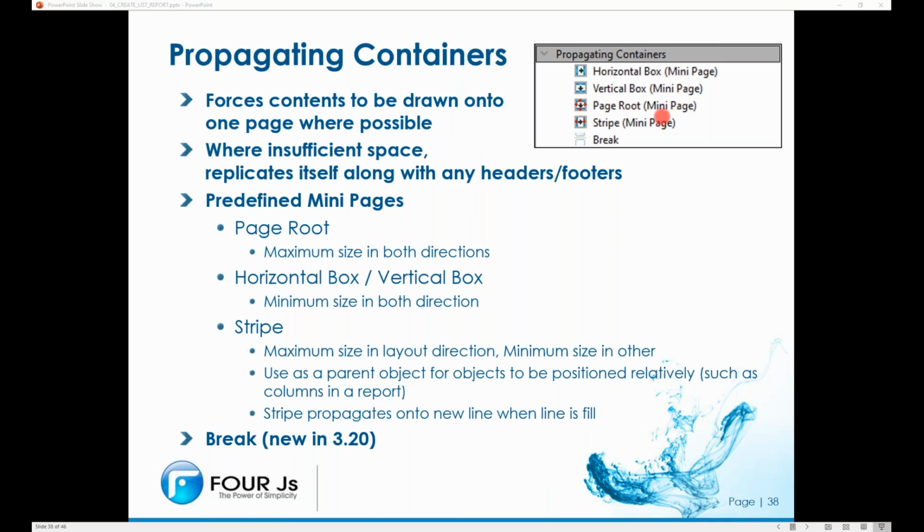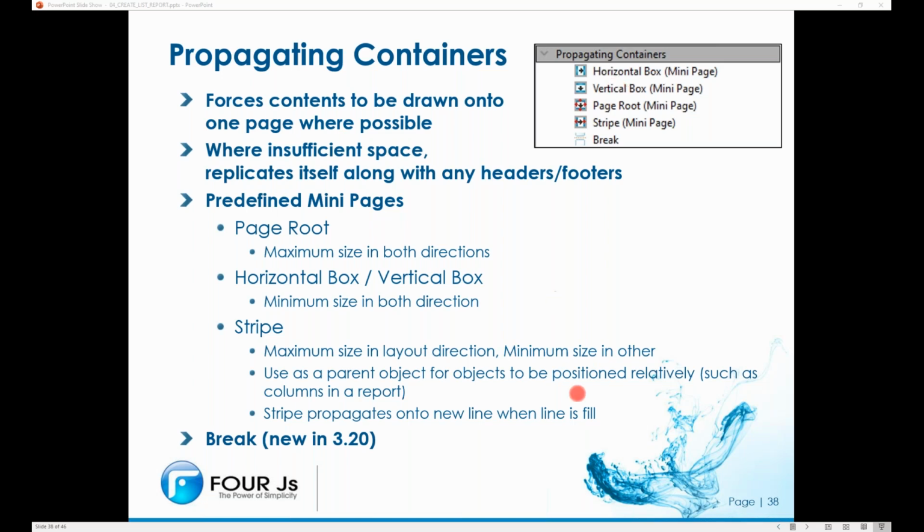And the reason why this is important is that when you're laying out these container types, if you choose a horizontal box instead of a vertical box, you're basically putting a mini page on a report that has some predefined properties set. But because they're set in properties, I can go and change them at any time.